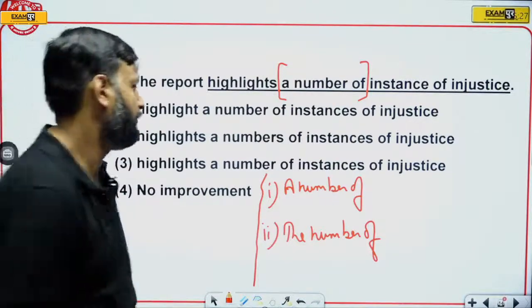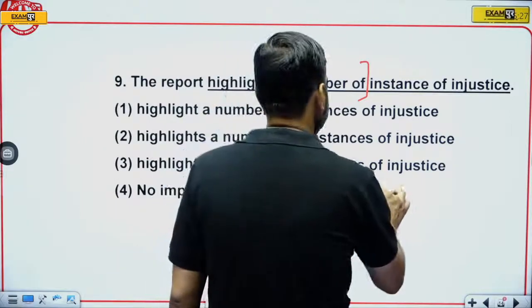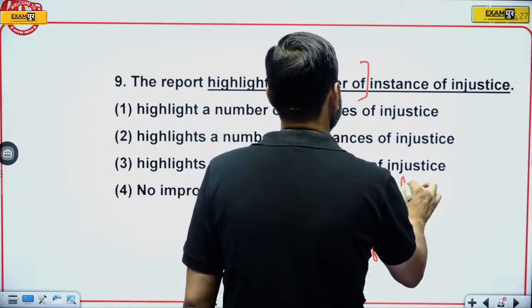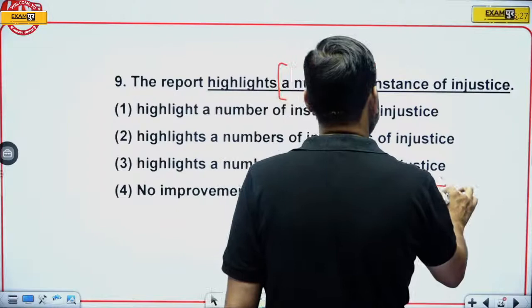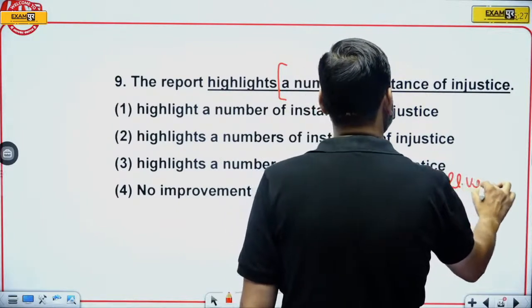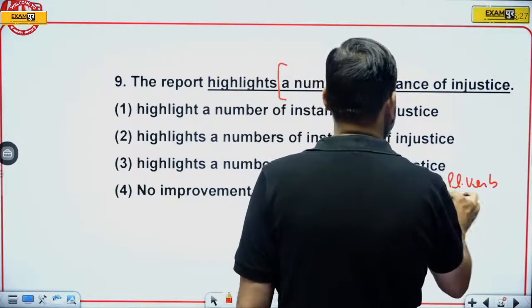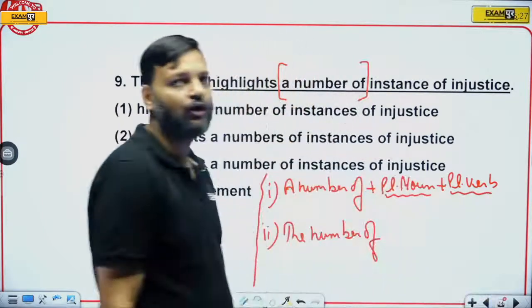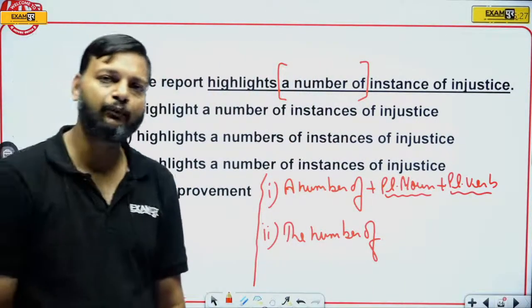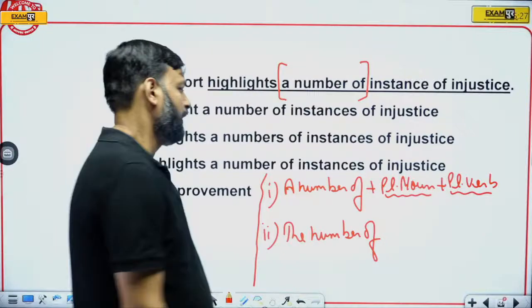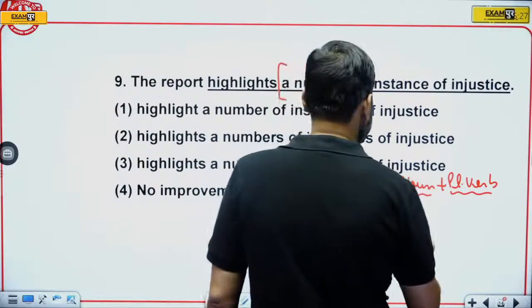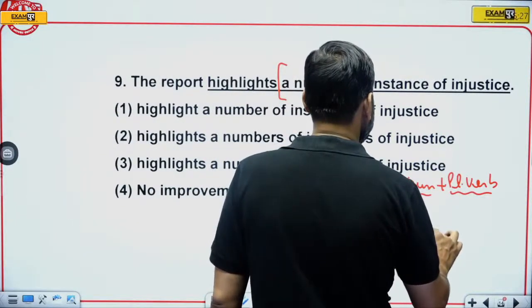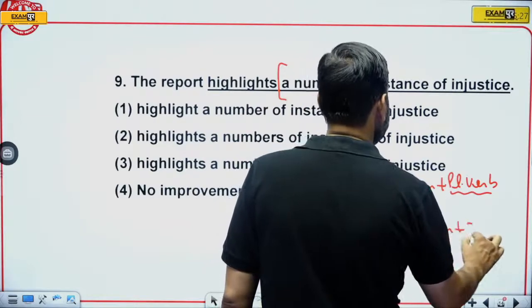A number of is always followed by a plural noun and a plural verb. Both the things after a number of are plural. But the number of is followed by a plural noun but a singular verb.